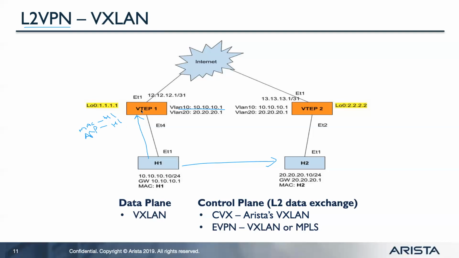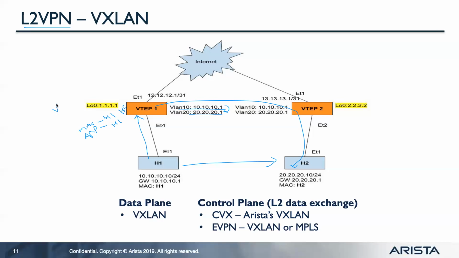Now we want to send the packet to 20.20.20.10, so we will route the packet and see that it is a directly connected subnet. So we will send out an ARP request for H2 and get the reply back. So we are also learning the MAC of H2 here, which will be over VXLAN.